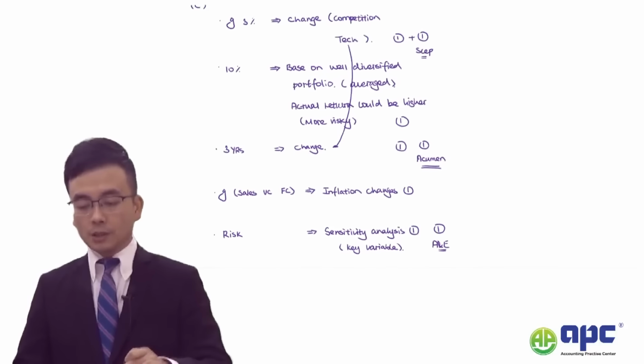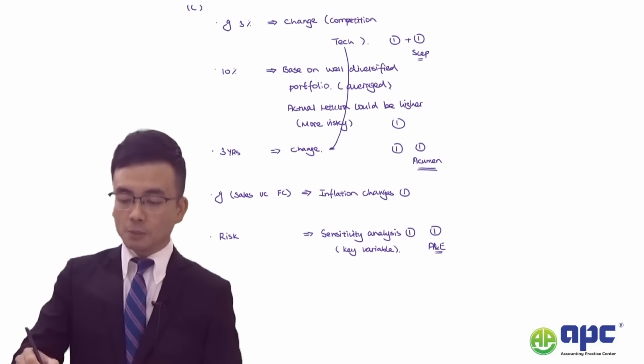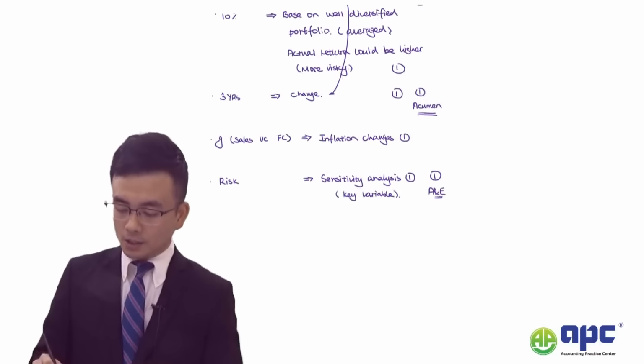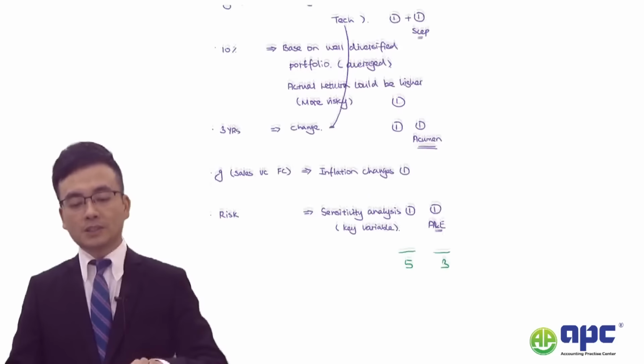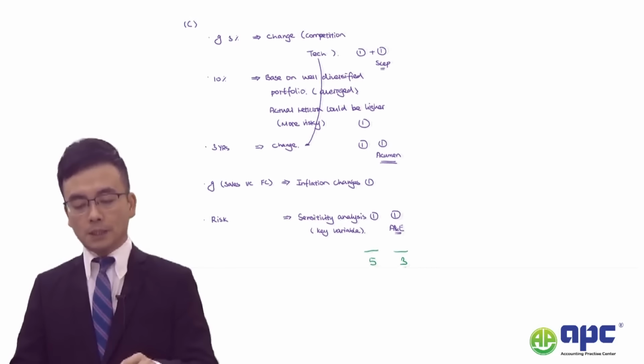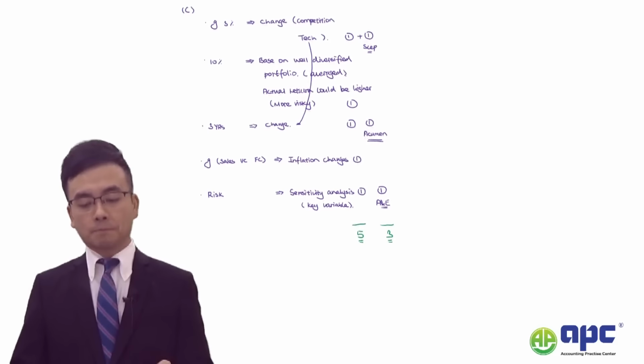Alright, so the maximum marks that you can get for this question are 5 technical and also 3 professional marks for the single Part C requirement here. Make sure that you're ready.